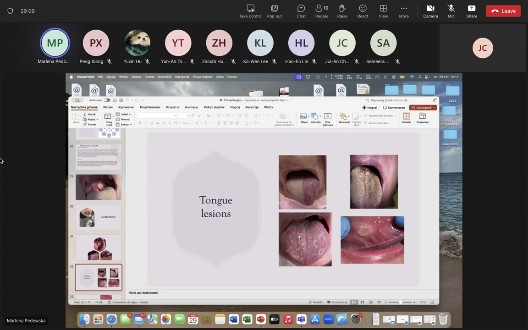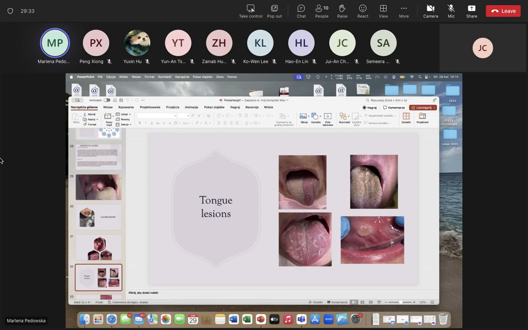We have some local hyperkeratosis, and also some bald places where we basically do not have the papillae. And here is the overgrowth of the papillae due to local irritation. Usually there are some lozenges, or some alcohol, or also smoking.